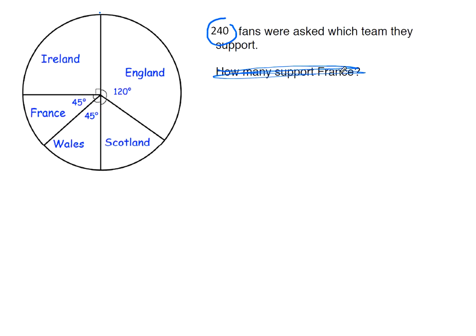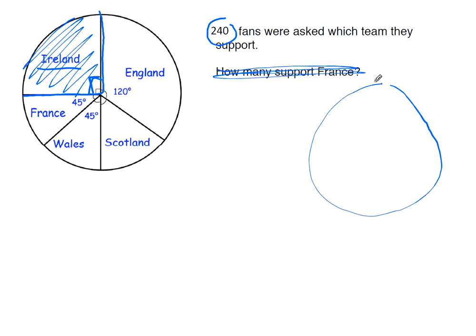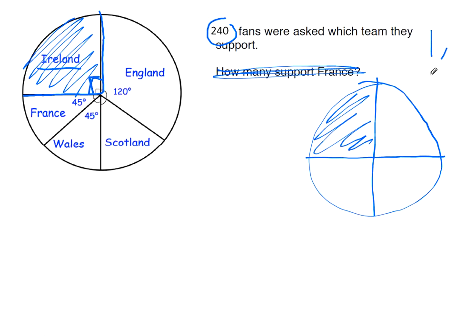I will start off with Ireland. If you look at Ireland, all of that, you know that's 90 degrees there. That's a 90 degree angle. That's a quarter of a circle. If you imagine a circle like this, I'll just shade that bit there. That is a quarter.